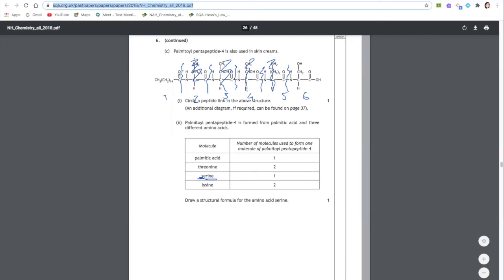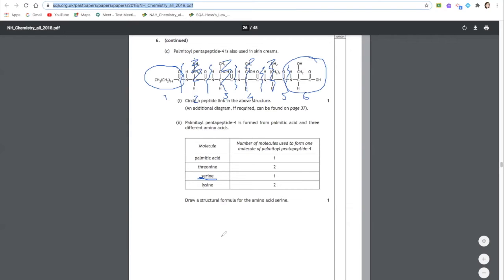Now, if we look at the structures here, this molecule is going to end up only as a carboxylic acid because it doesn't have an amine group at the other side to make it an amino acid. So that must be the palmitic acid, which means our serine amino acid is this one here at the end.